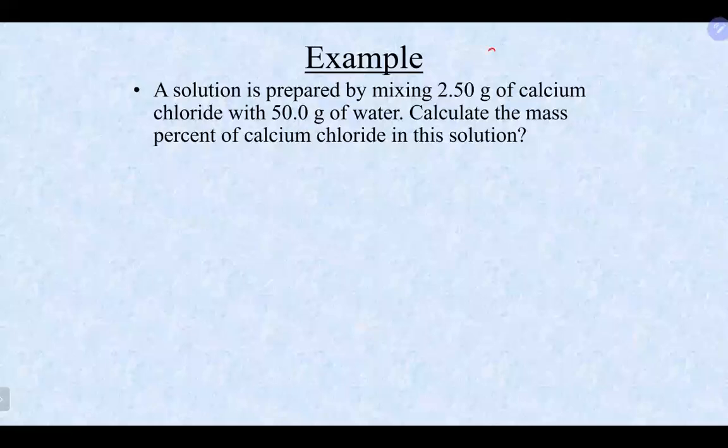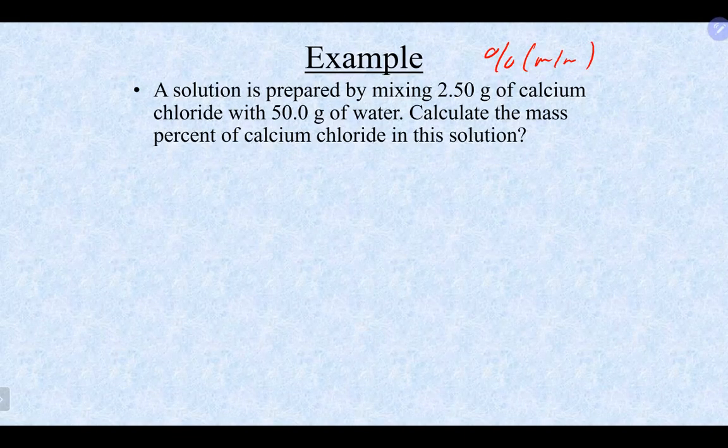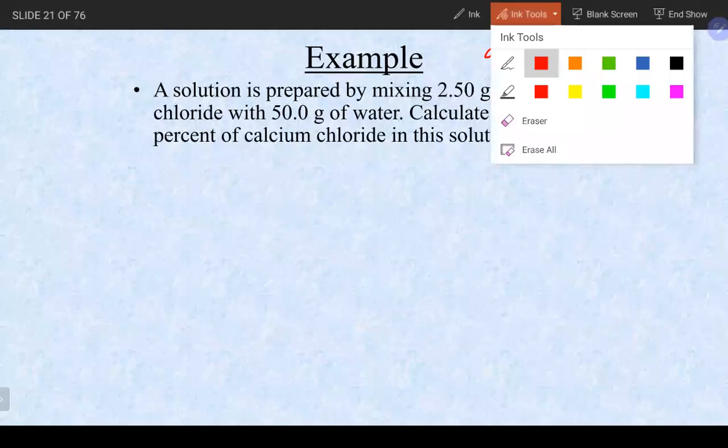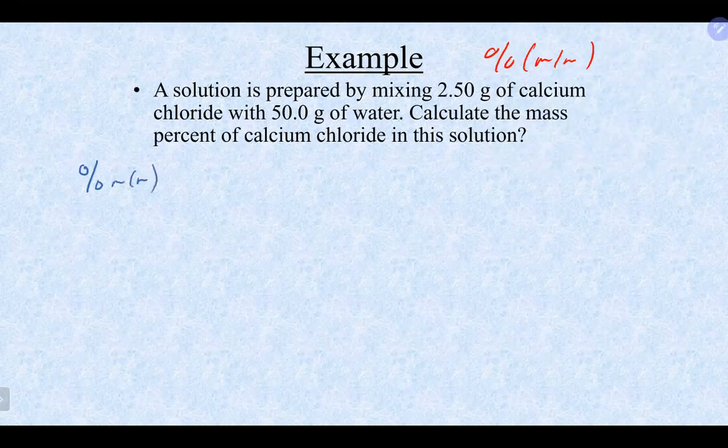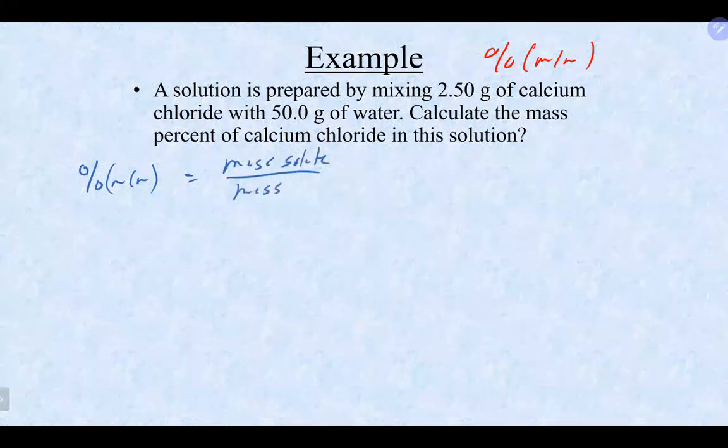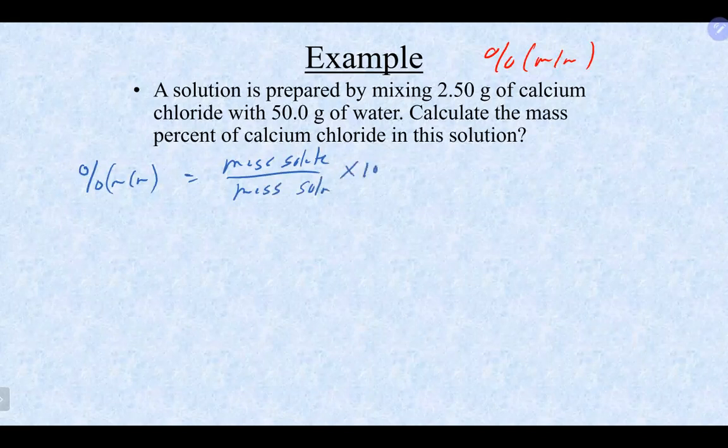So we're looking for the percent mass to mass here. In this particular case, we're looking for the mass percent, which once again is the mass of the solute divided by the mass of the solution times 100%.